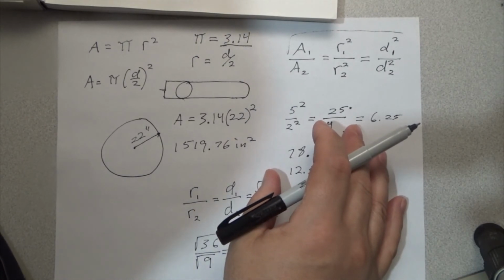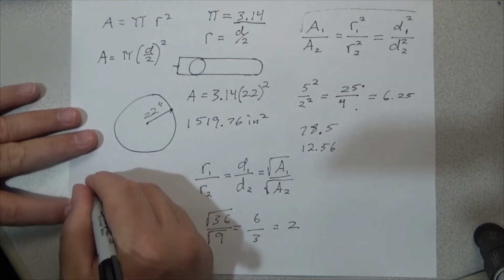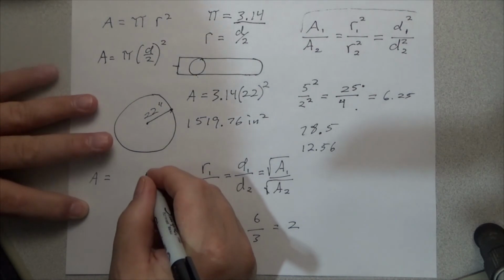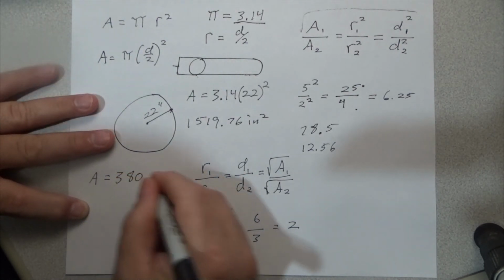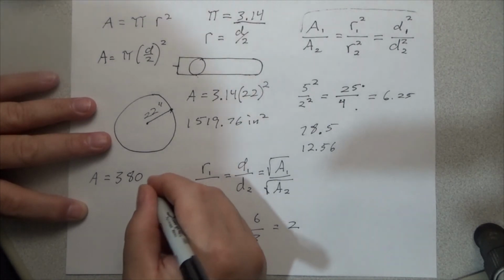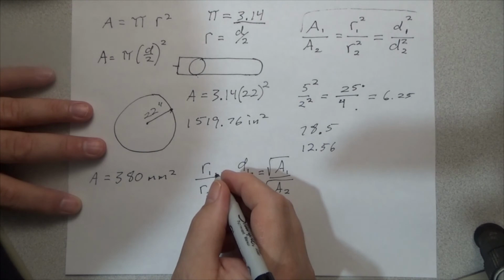And, well, I guess there's millimeters in there too. All right, so we've got the area of one circle. The area we're given as 380 millimeters squared. I'm looking at number 13.